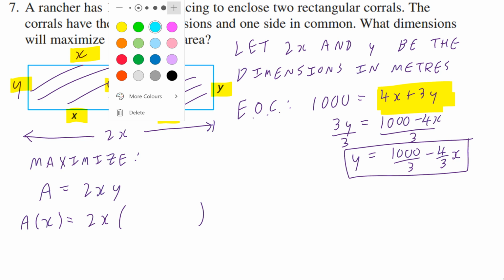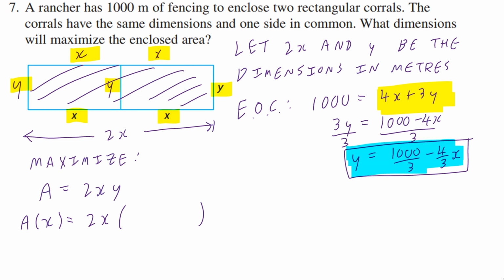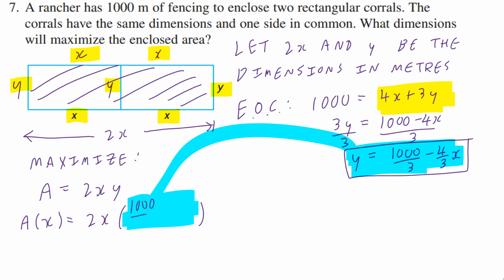Let's use a different color. So we're going to plug this back into here. So now if you think about the area in terms of x, that's going to be 2x times 1,000 divided by 3 minus 4 divided by 3 times x.